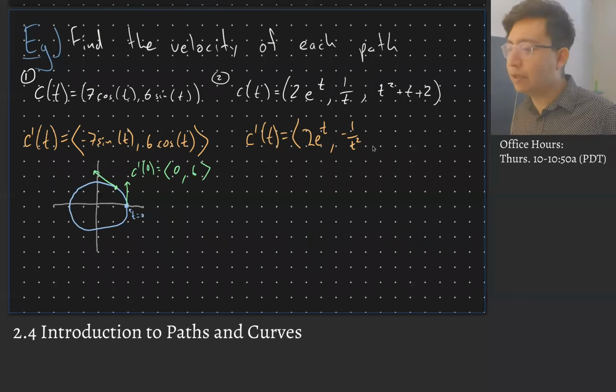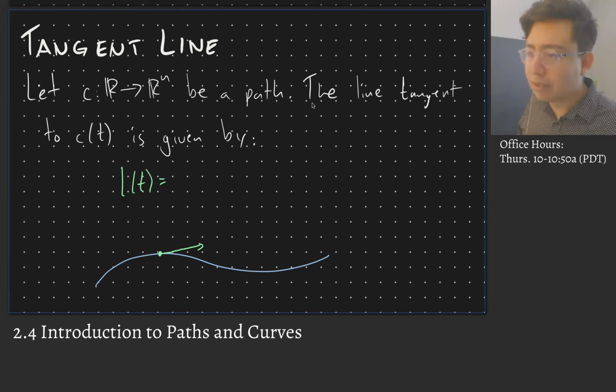So again, you have a path, and then you have a point along the path. And the tangent vector shows you the direction, and then the tangent line, and this is not the best tangent vector, but the tangent line does something like this, right?